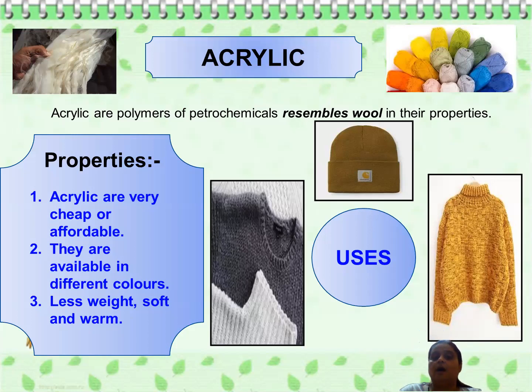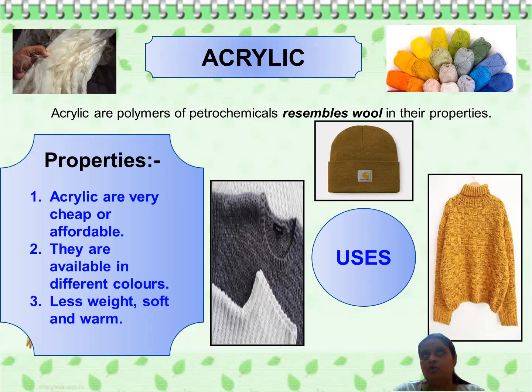So the property, how does it look? As I told, it resembles wool, and it is also a synthetic fiber. So they are cheaper, affordable, because wool will be costly, silk will be costly, rayon will be cheaper. Similarly, wool is costly, and acrylic will be cheaper. They are available in different colors.